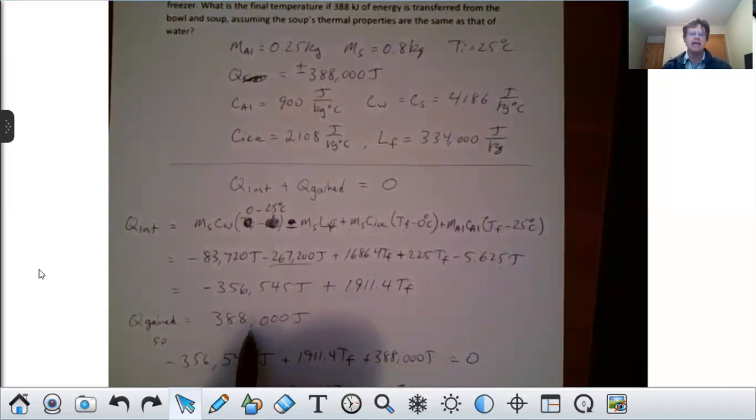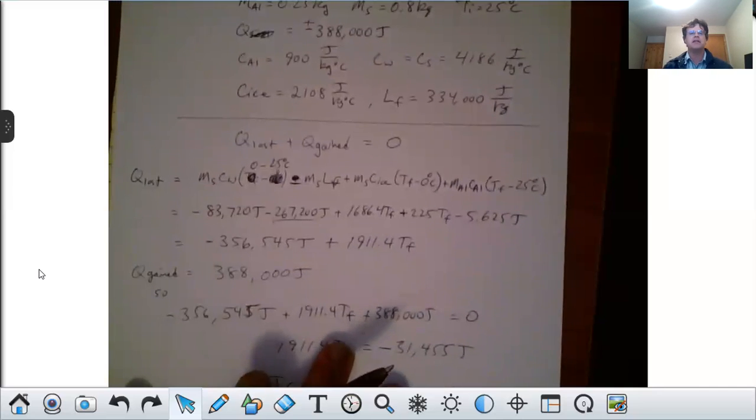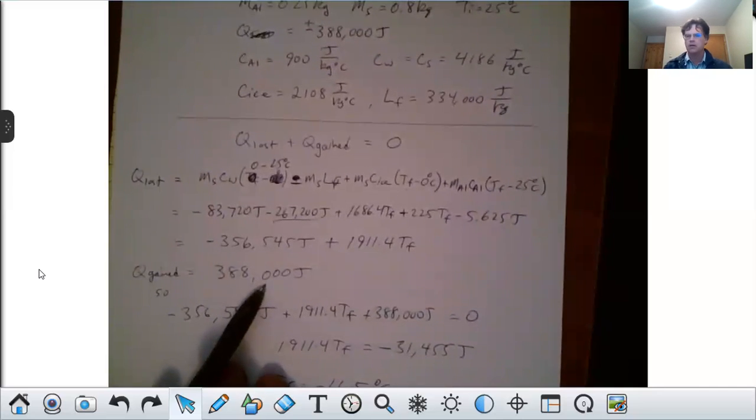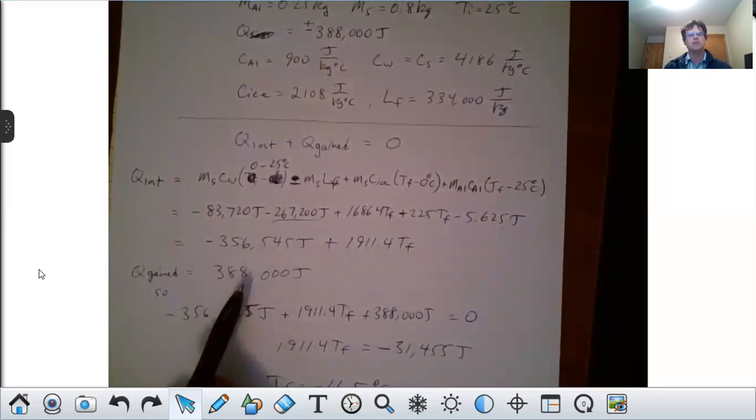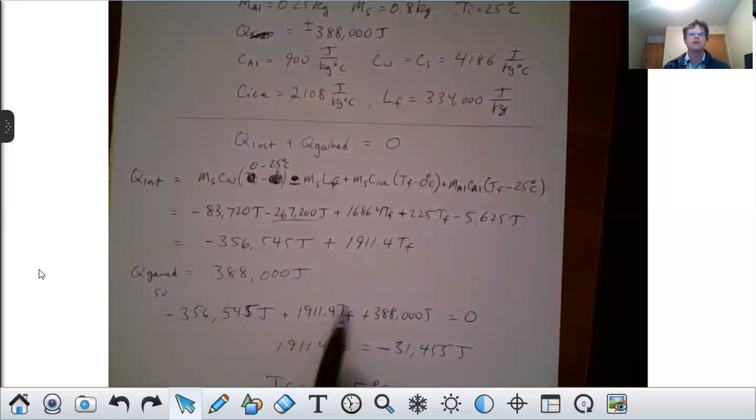Now again, my heat gained is 388,000 joules going to the freezer. So I just add up my heat loss plus my heat gained and set that equal to 0, right? It's kind of like the loop rule in electric circuits. Your heat lost plus your heat gained is 0 around any cycle or in a closed system.